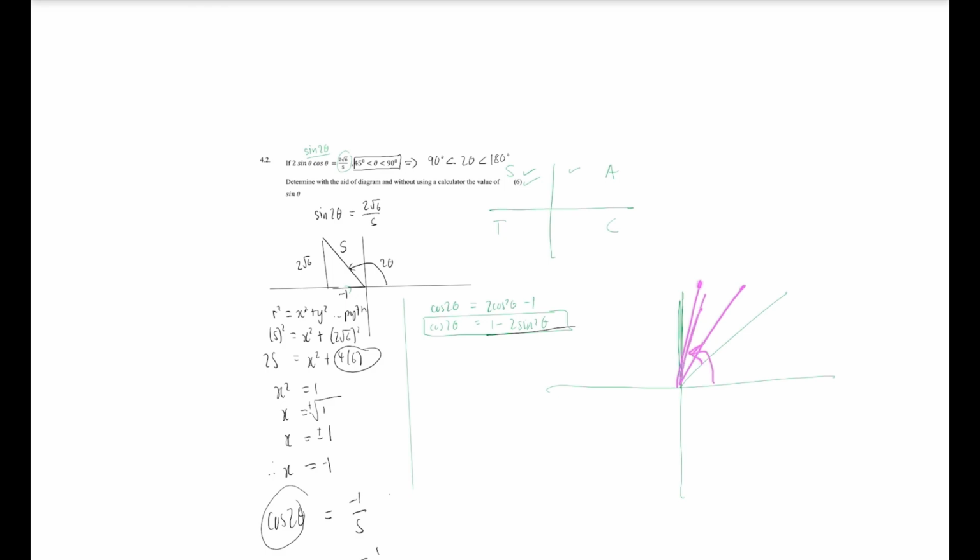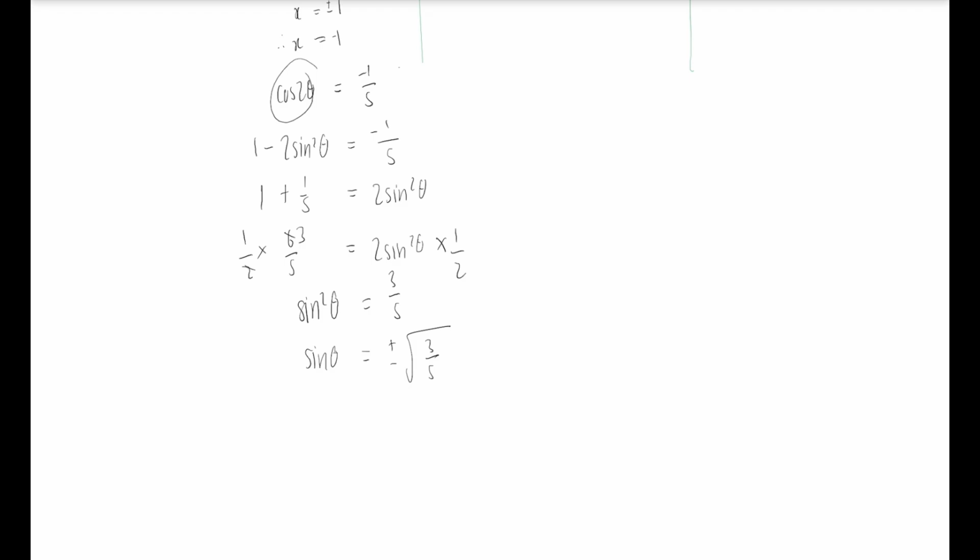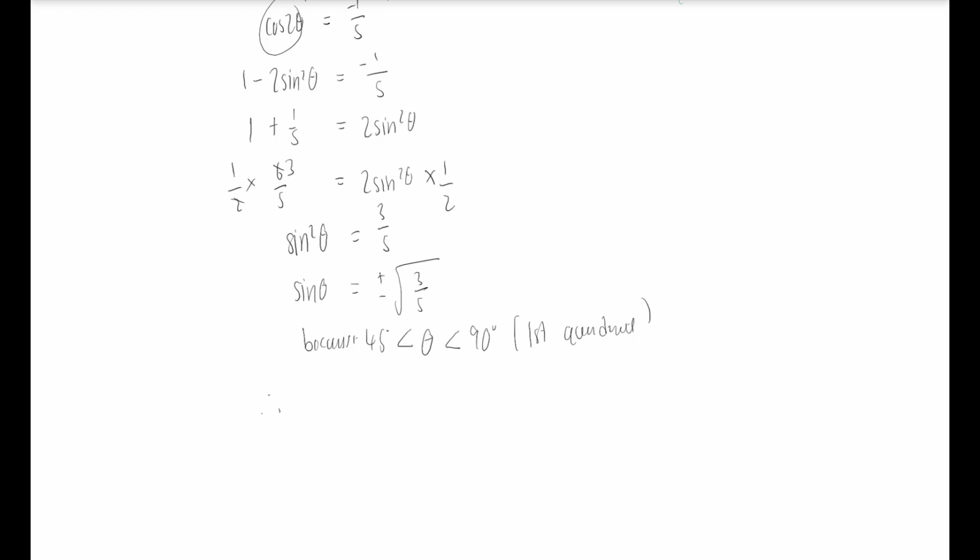Theta could be this, it could be that, right? So it lies between 45 and 90 degrees, which is still the first quadrant. And what is the sign in the first quadrant? It's positive, right? Therefore, because theta lies between 45 and 90 degrees, sine theta is only going to be equal to the positive square root of 3/5.